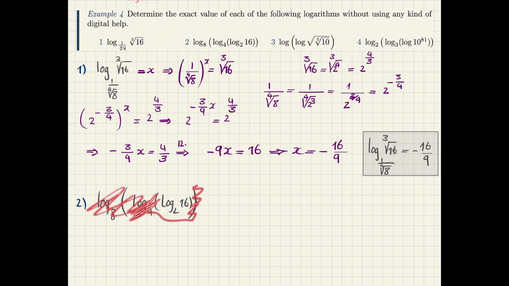Don't confuse yourself. You have one simple log here and you can immediately answer that. I hope that you can guess correctly. Yes, I need a number so that 2 raised to that number becomes 16. It's evidently 4.